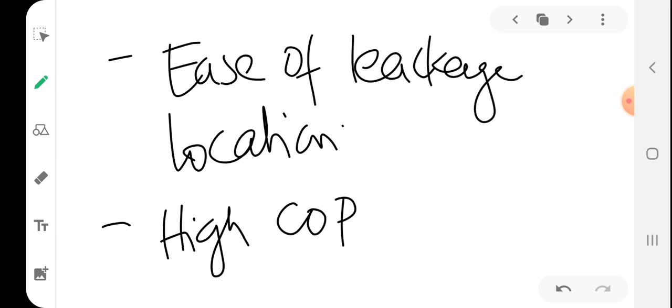So you may be asked in exams to write the desirable properties required for a compound to be a good refrigerant. Then you have to mention all these different properties, classified separately as thermodynamic properties, physical properties, chemical properties, and miscellaneous properties.